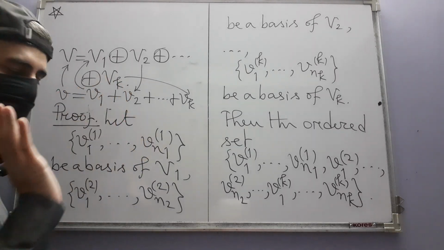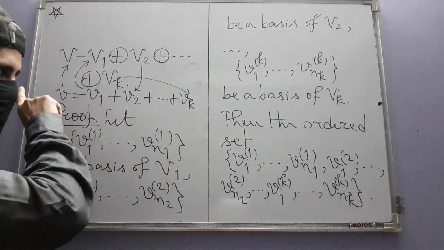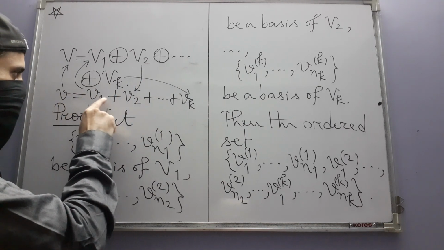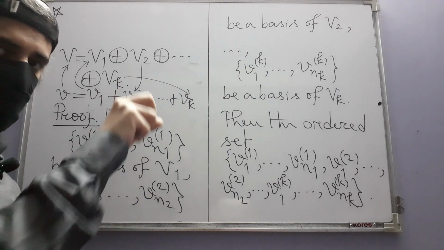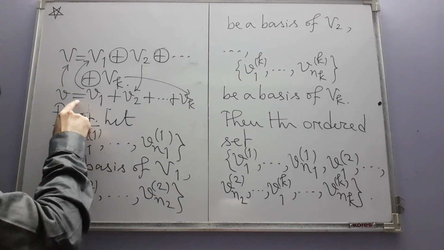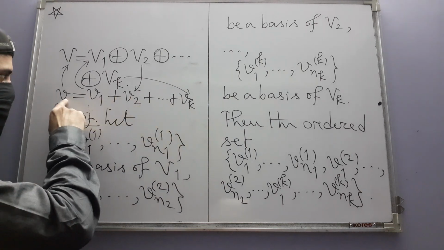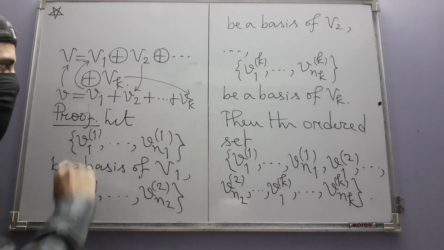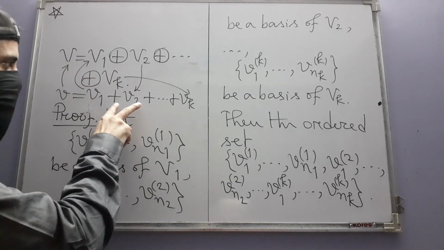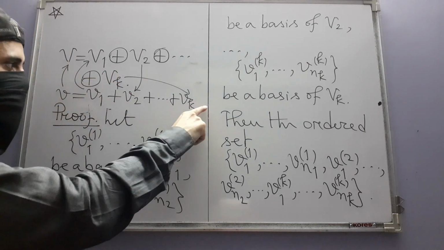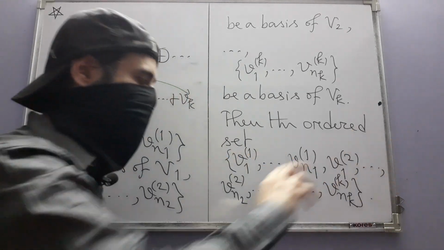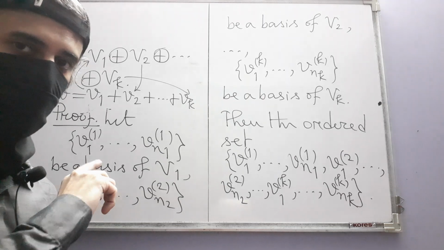So keeping that in mind, you have two things that this entire thing is telling you. One of them is that V is a sum of some vectors coming from those spaces. That is the first thing. And the second thing is that such an expression, expressing V as a sum of vectors coming from these spaces, is unique. The first fact that V can be written like this will be used in proving that this spans V. Why?